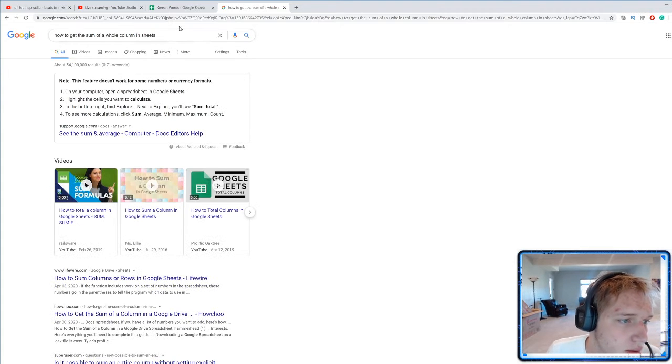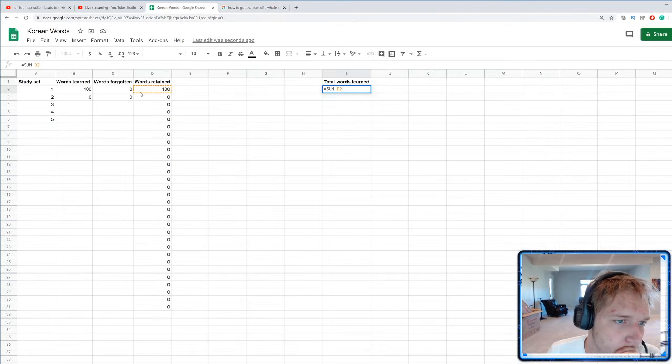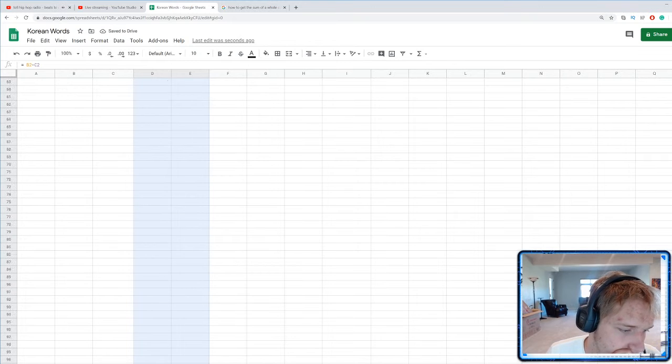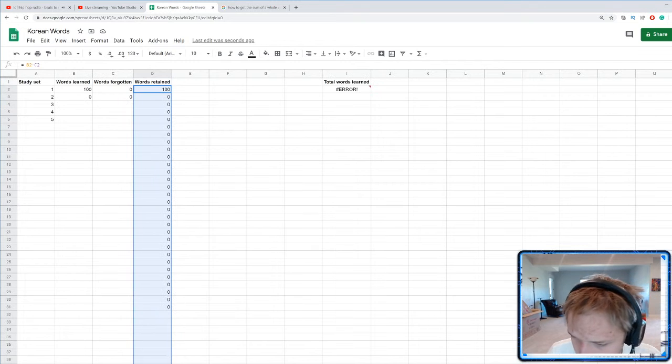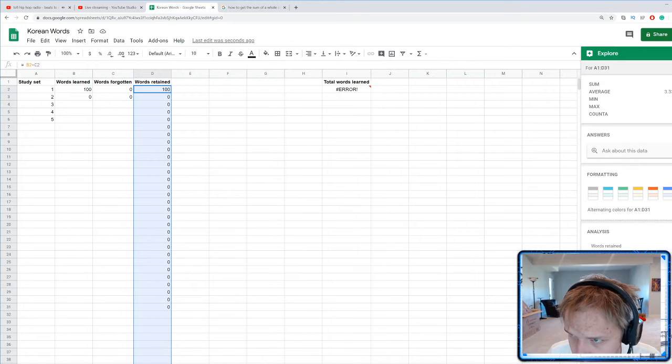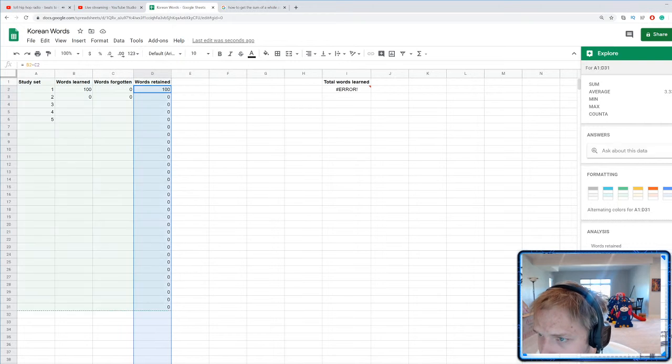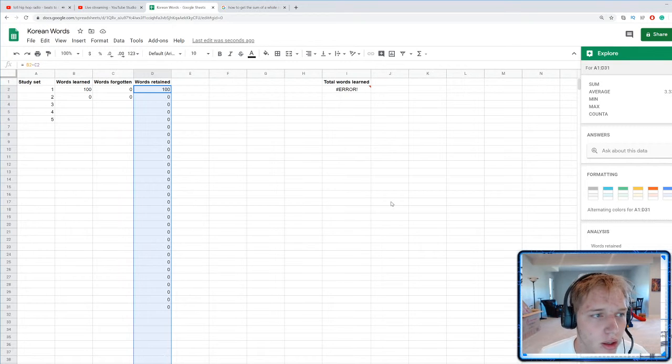Highlight the cells you want to calculate. Let's just do it for 110. Sure. And click Explore. Sum for A1.